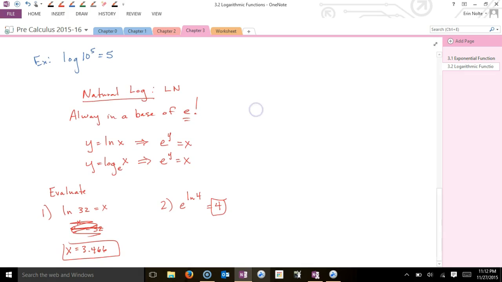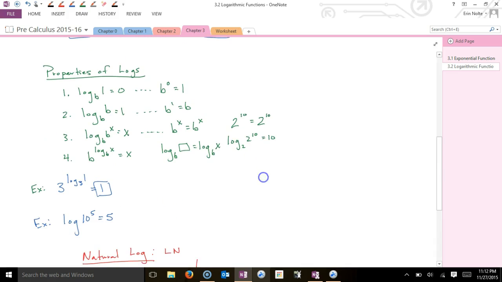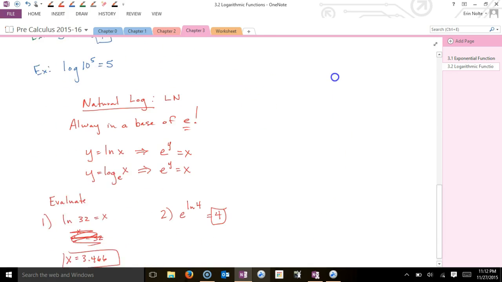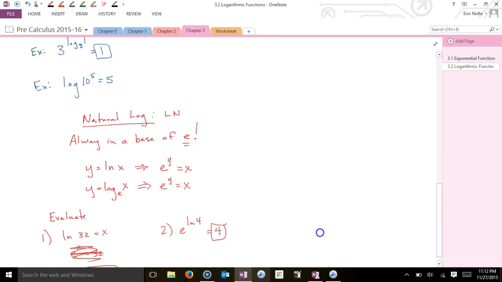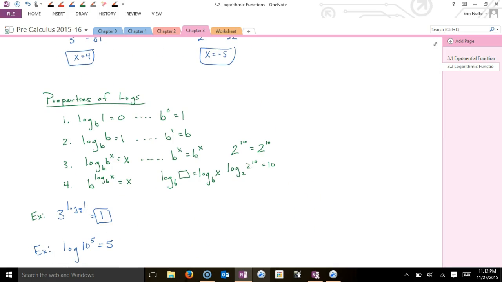You could type e to the natural log of 4 in your calculator. Or you could use the fourth property and say, oh, the base is the same as the base of natural log, so it just cancels out. Right? Okay, so the bottom line is that all these properties that we've been talking about apply to natural logs. Good. Okay.